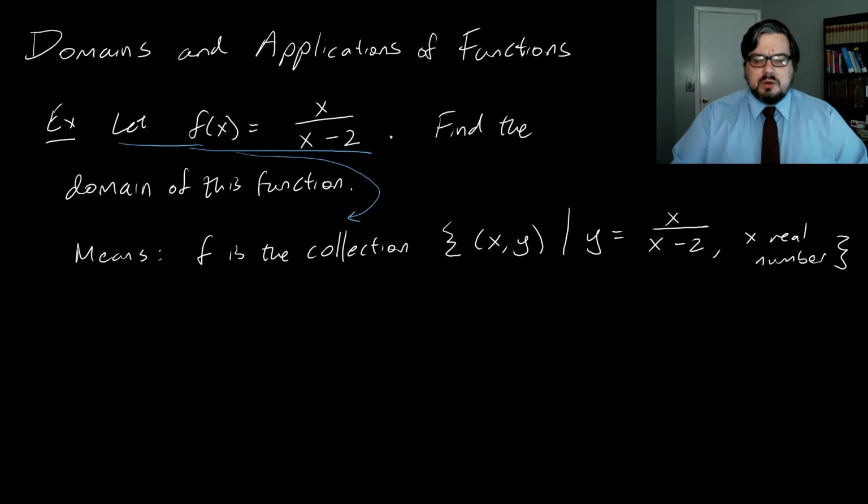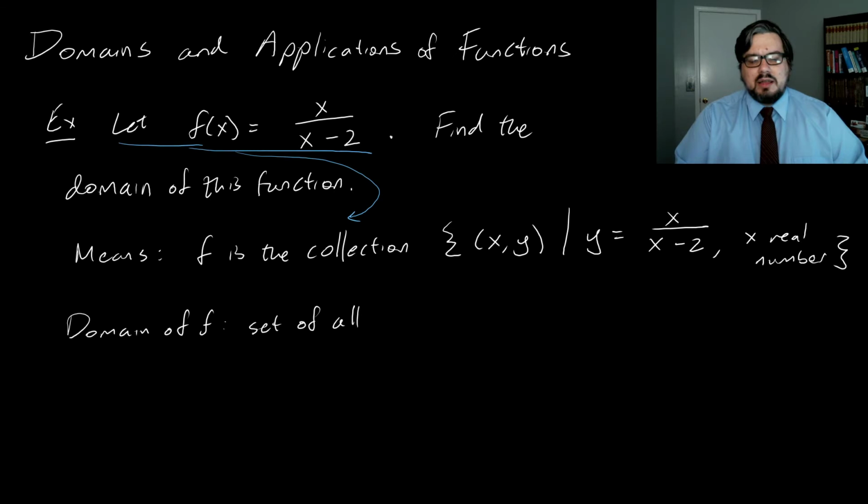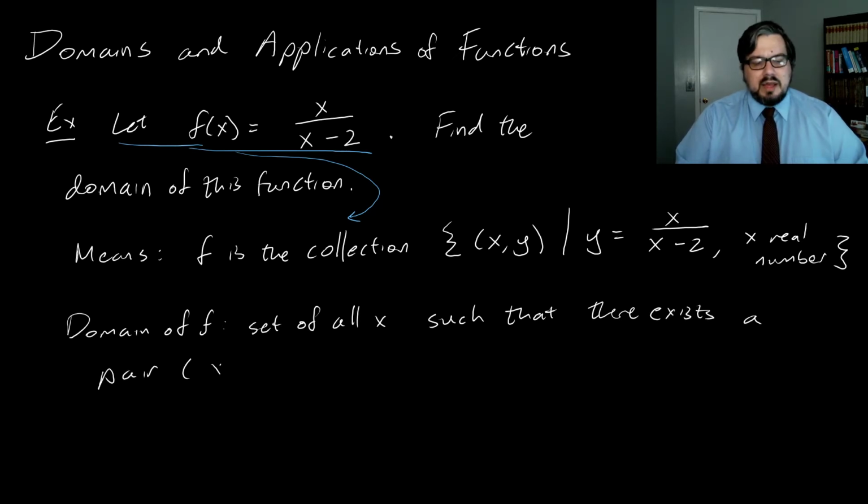All right, so f is the collection of all pairs x, y, where y equals x over x minus 2. So now the domain of f is the set of all x such that there exists a pair x, y in f.